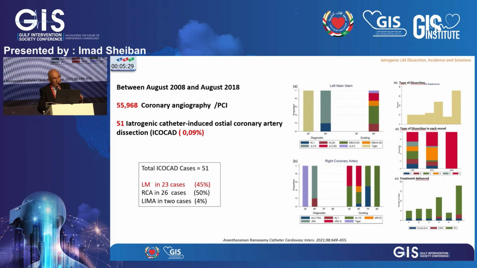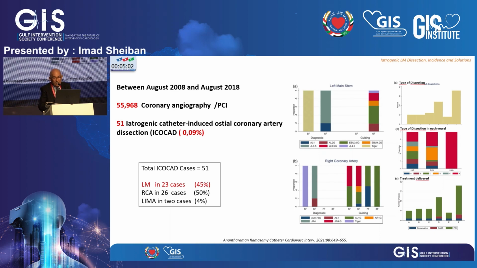And again in this other cohort, the incidence is still rare. That means 0.09, and among iatrogenic catheter-induced coronary dissection, you can see that left main is involved in nearly half of patients, and right coronary artery in the other half.